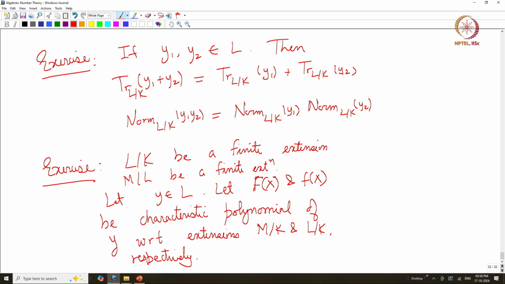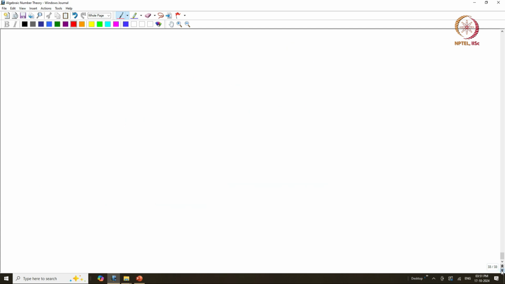So, are these related in any way? That is the question, and that is the exercise that I want to tell you. Then prove that capital F of x is small f of x to the power degree of M over L. All right.